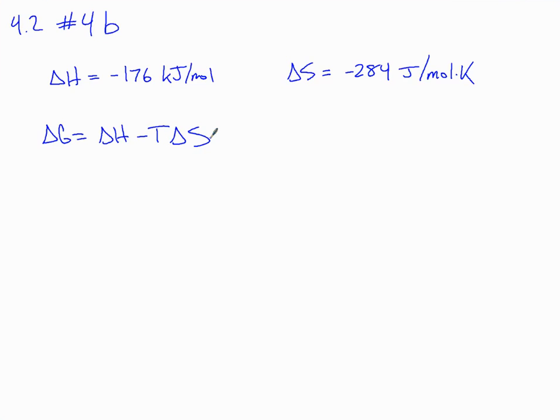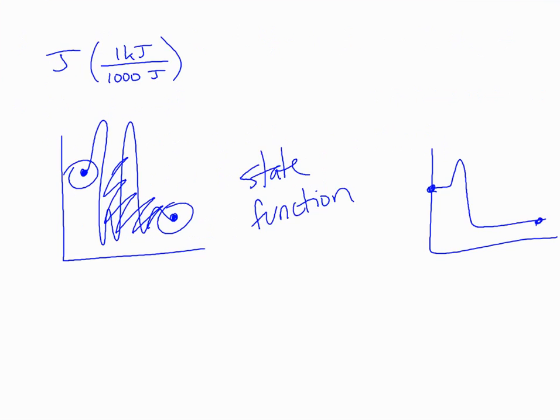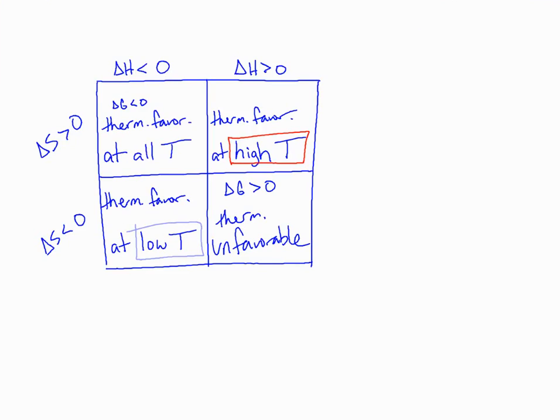Both of these things have a negative sign. The delta H is negative and the delta S is negative. From yesterday's video, when delta H is negative and delta S is negative, it works, but it only works at certain temperatures. They have to be low temperatures, and low is a relative term.